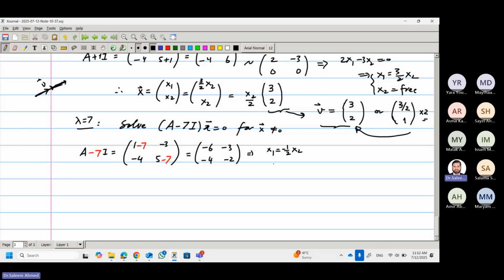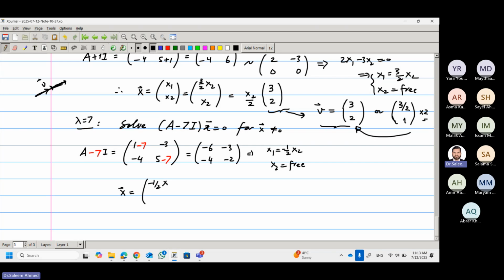So both give you the same thing. So it means x2 is free. Now if I write the x vector, x1 is minus half x2 and x2 is free. Now I can bring x2 divided by 2 outside, so I'll get minus 1 and 2. So this means my second eigenvector is just minus 1 and 2.